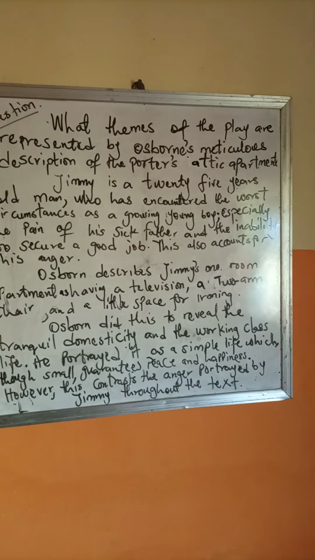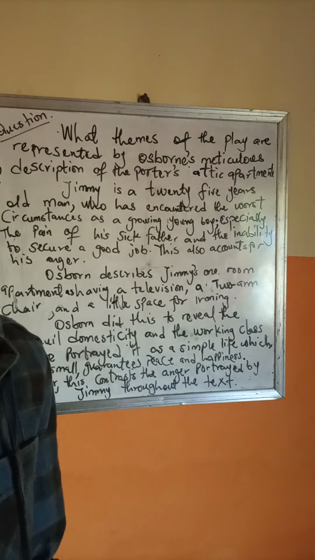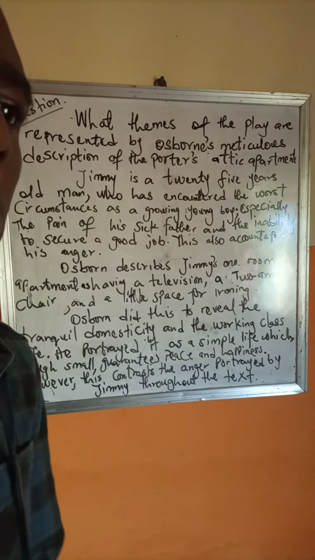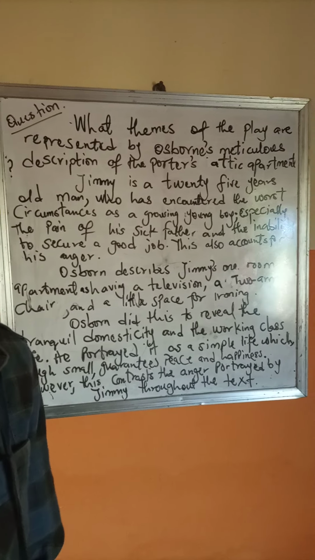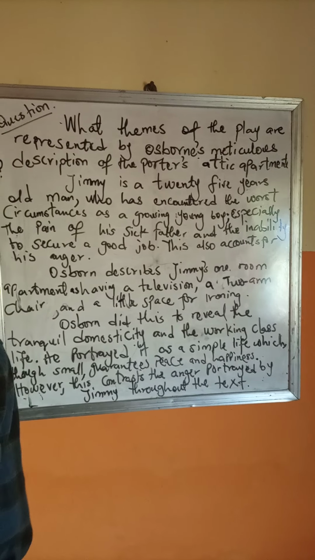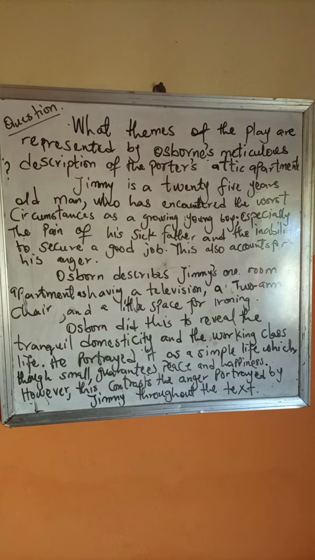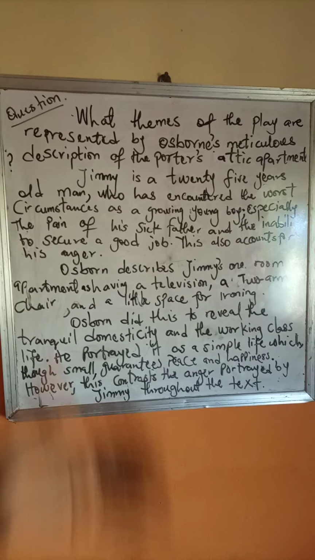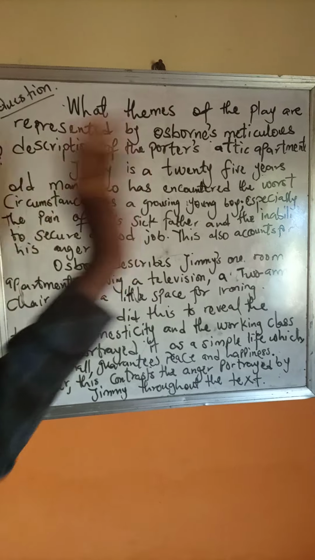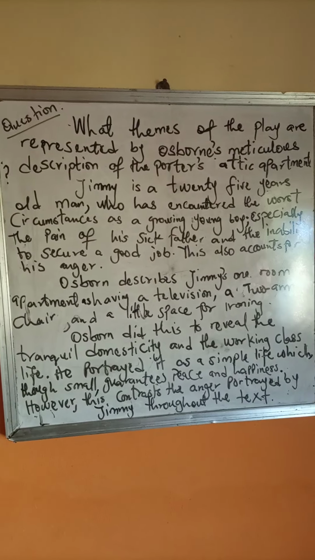And you need to know that attic has to do with something related to the Athenian style, and of course, something very small, that does not show luxuriance or a very comfortable life at that. So to answer this question, what themes of the play are represented by Osborne's meticulous description of the Potter's attic apartment? That's the question.